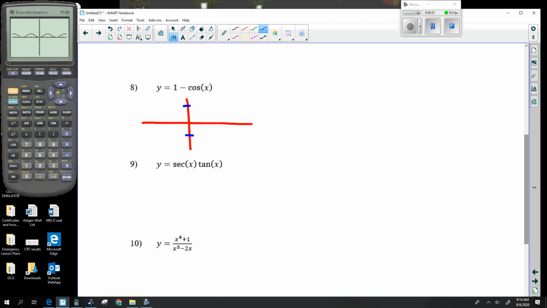However, this is kind of like saying this, and so this is moved up 1. Usually it starts at 1. This is going to start at 2 and go down to 0.